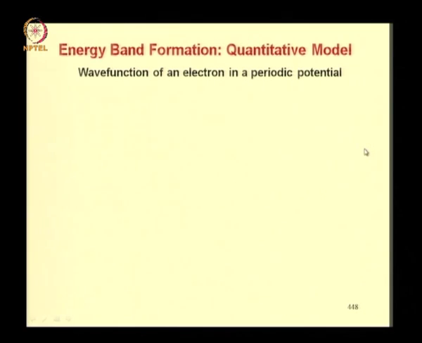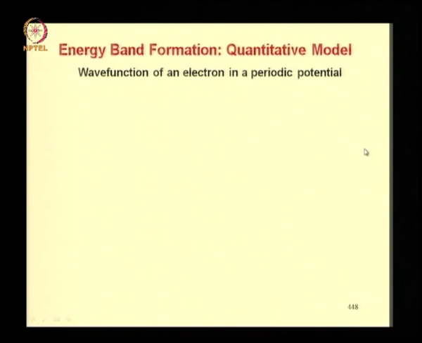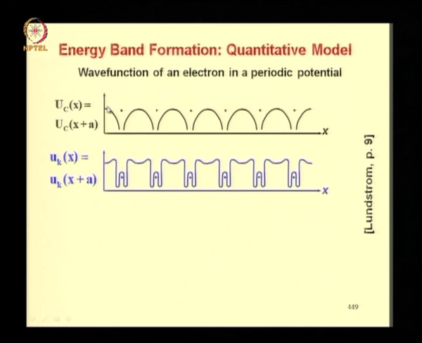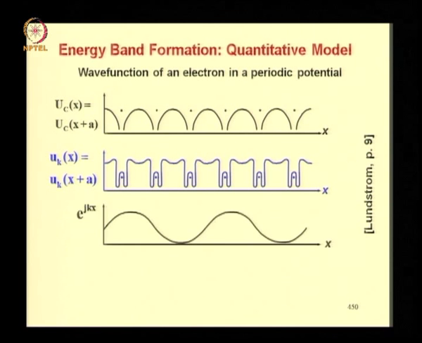We gave an example of a wave function for a periodic crystal potential, how it looks. So in this example U_c(x) was shown something like this, and the Bloch wave had this kind of a shape. This is just to give you a feel for how the wave function looks for periodic crystal potential.